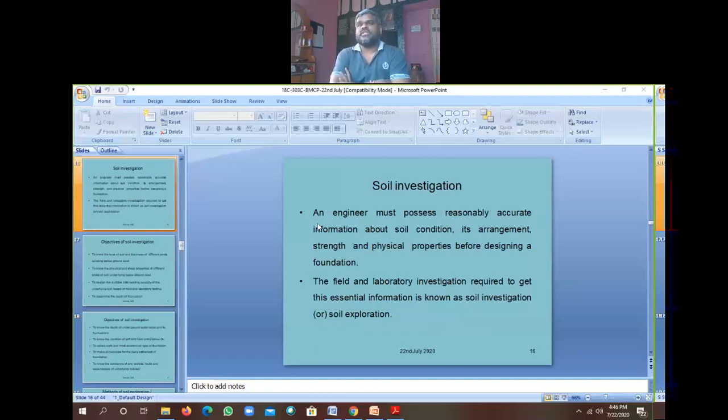So the foundation should be strong. For that purpose we calculate the bearing capacity of the soil. For that we do different soil explorations, or soil investigations, at different intervals and different depths, depending on the type of foundation, the type of footing, right?